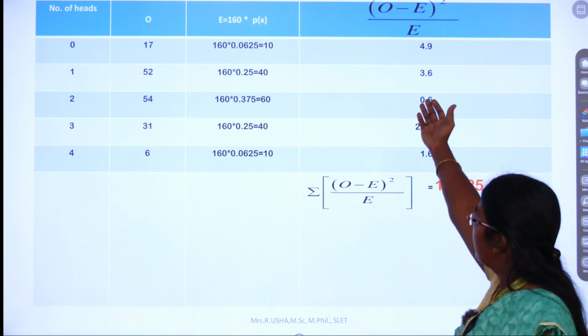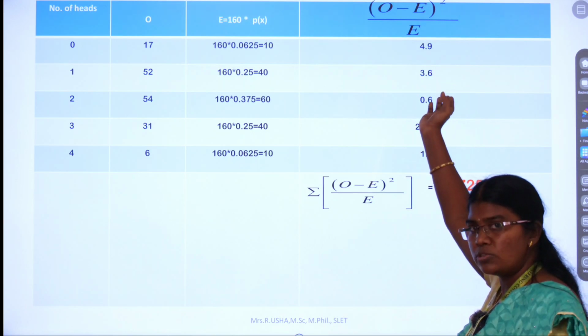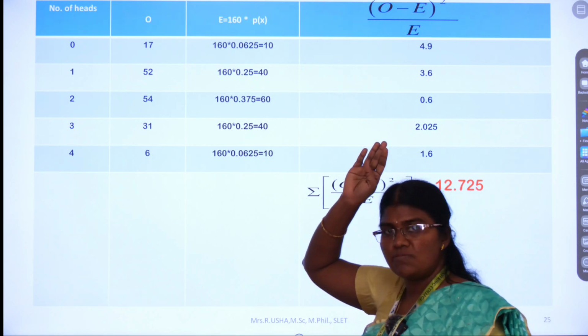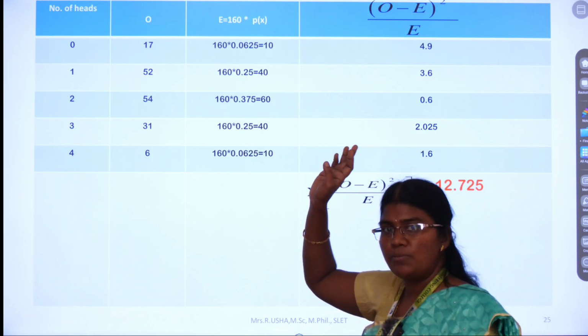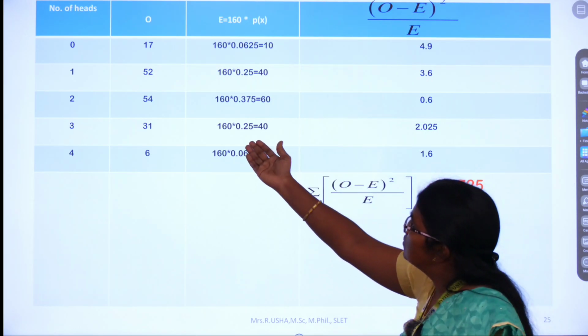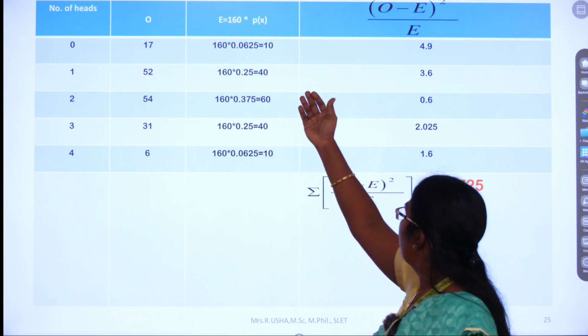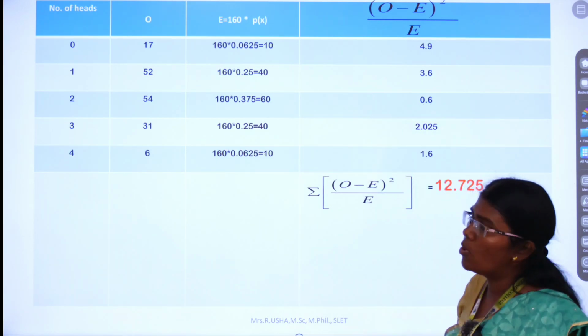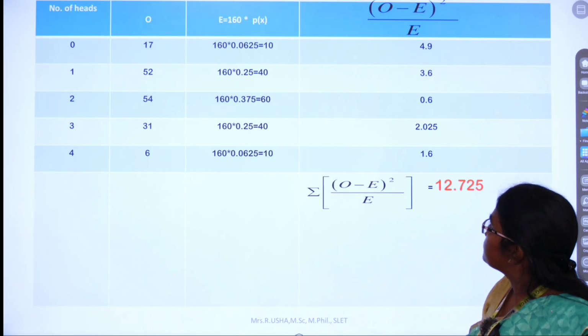So now the calculation: (O minus E) whole square by E, that is, observed value minus expected value whole square, divided by expected value. Observed value 17 minus 10 whole square by 10, we get 4.9.